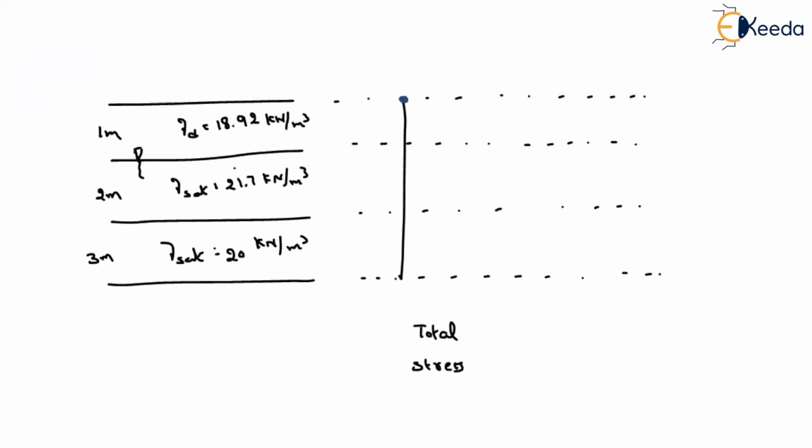Imagine that you keep your hand at the 1 meter level and imagine how much weight you will feel. You will feel weight because of this soil. So how can I find the stress? Here the unit weight is given, so the stress is 18.92 times 1. So here the value is nothing but 18.92.